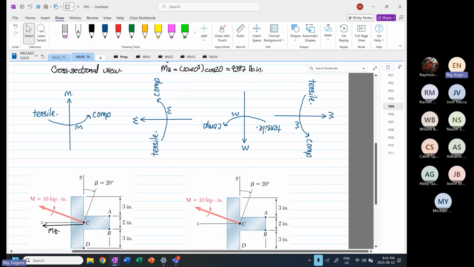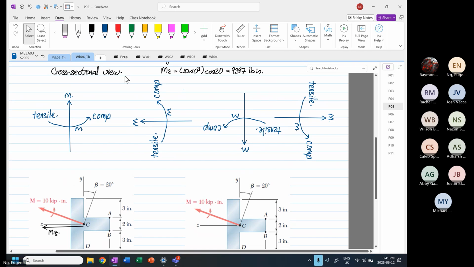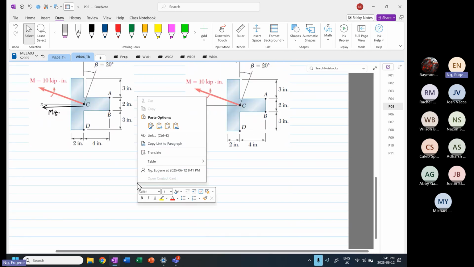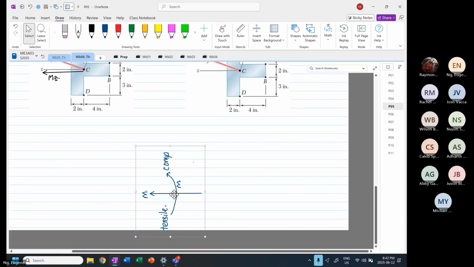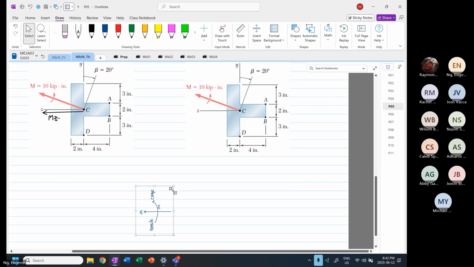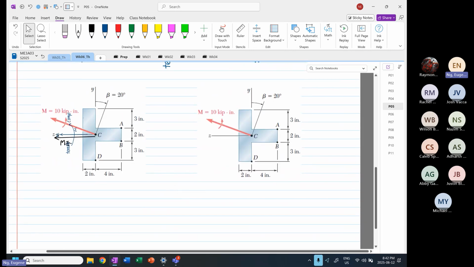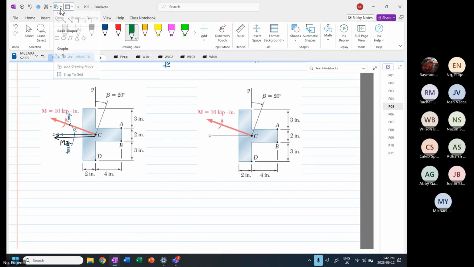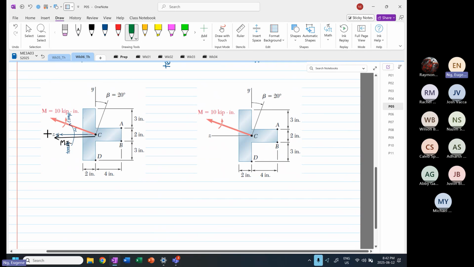Then all you need to do is take this diagram and paste it over here, and I'm going to compress it. When you align to the axis, anything on top of the neutral axis, I'm going to sketch the neutral axis. The green line is my neutral axis. So this is our neutral axis.